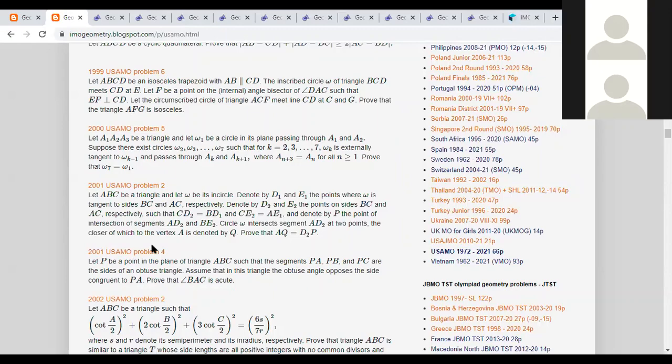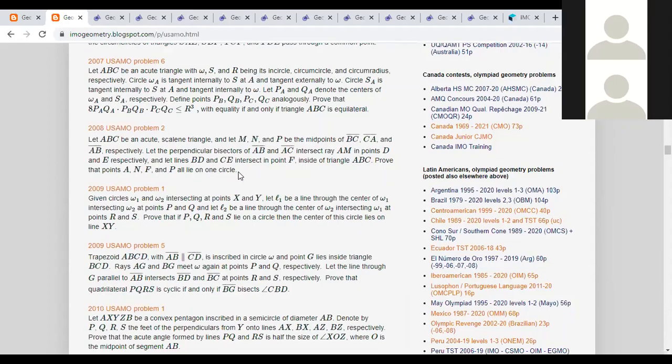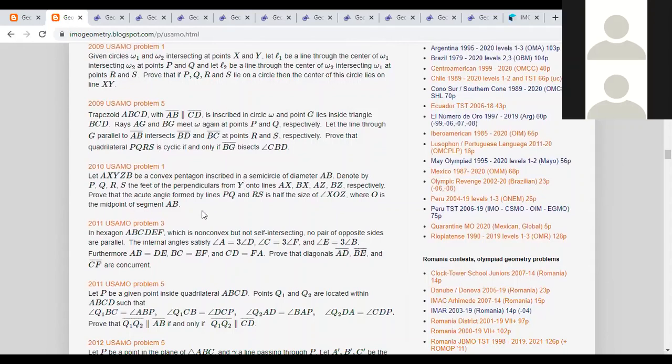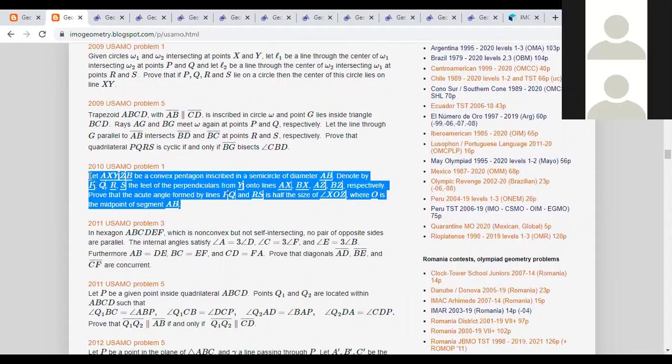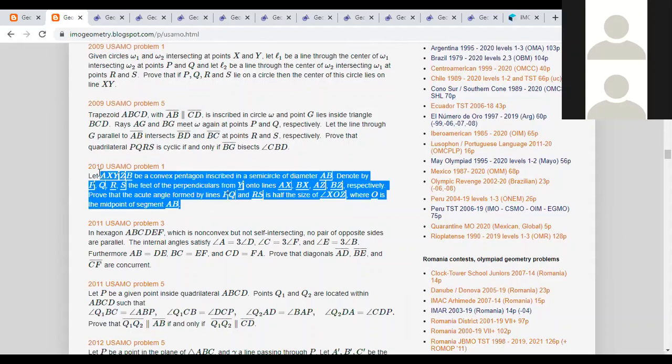Let me see if I can find a shorter one. Too complicated. This one's kind of interesting, although it might be a little easy. I think I might have done it too. Let's try it. We only have 10 minutes left.